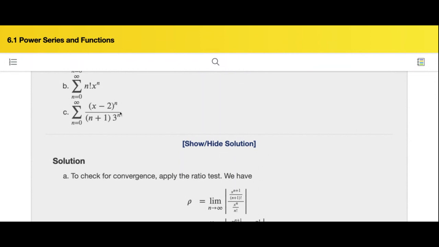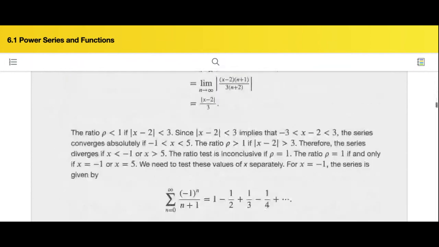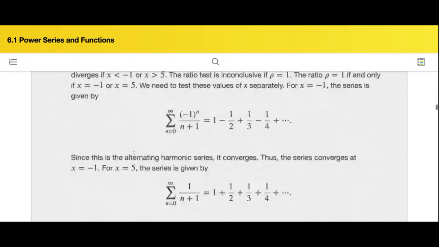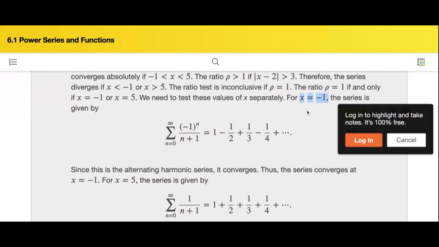So 3 to the n divided by 3 to the n becomes 1. So we're left with negative 1 raised to n divided by n plus 1. That series just comes from plugging in x equals negative 1. It is the alternating harmonic series, which converges conditionally. So the series converges at x equals negative 1.